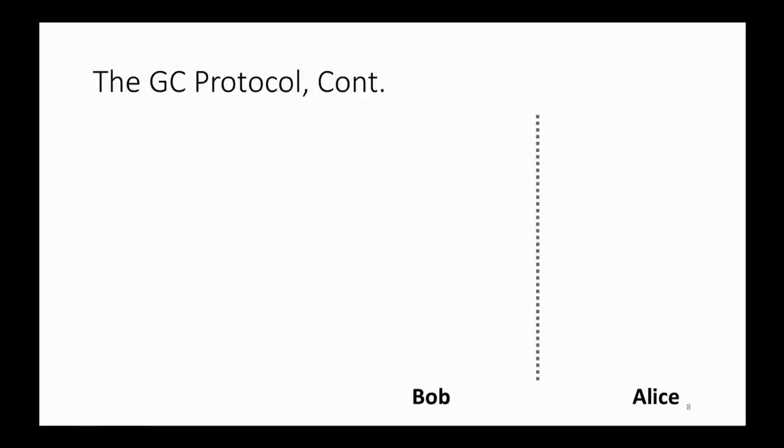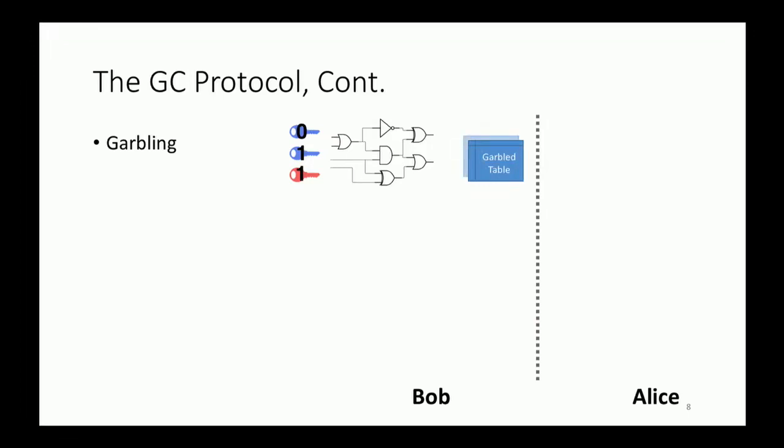A very simplified explanation of the GC protocol is as follows. It has three main phases. In the first phase, Bob has to describe the functionality as a Boolean circuit with two-input gates. Here the functionality would be the stable matching algorithm. Next, he will assign random keys to each wire in the circuit, and for each gate, he encrypts the output wire using input wire keys and forms garbled tables.